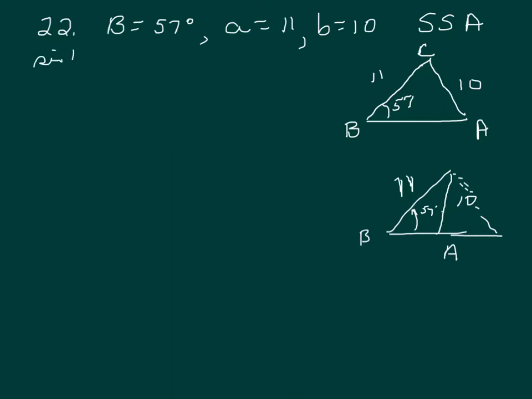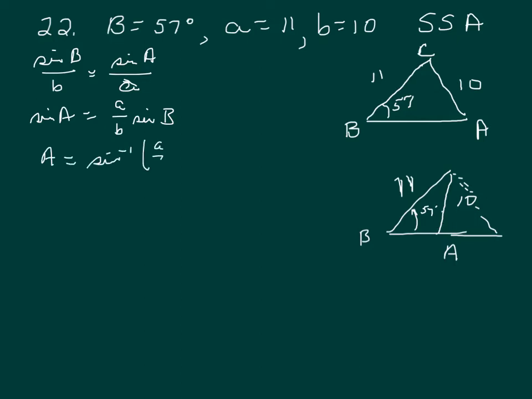We have sine B over b is equal to sine A over a, so that the sine of A is equal to a over b times the sine of B. Angle A is equal to the arc sine of a over b times sine B. This is the arc sine of 11 over 10 times the sine of 57 degrees, which equals 67.3 degrees.